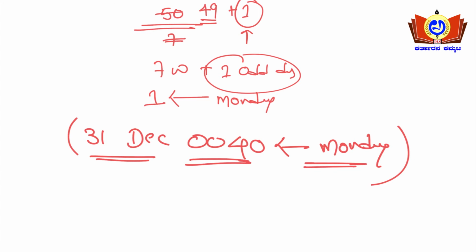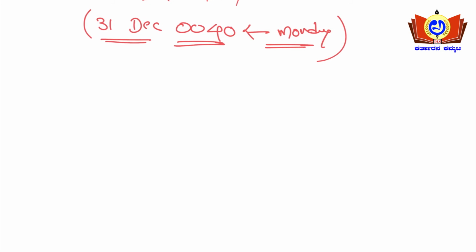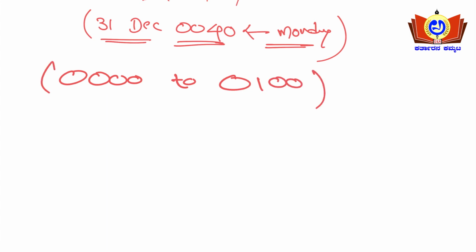Now we will calculate for a century. That is 0000 to 0100. How many odd days will be there and how many leap years will be there? We need to find how many leap years and how many ordinary years will be there.